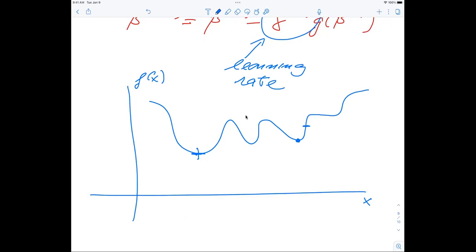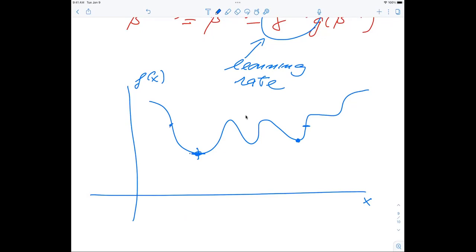So you need some kind of random way of choosing where you place yourself to start. And that leads to recipes called stochastic gradient descent and batch gradient descent. That means you would calculate the gradient with different starting points, and hopefully if you start here, you will find the global minimum.